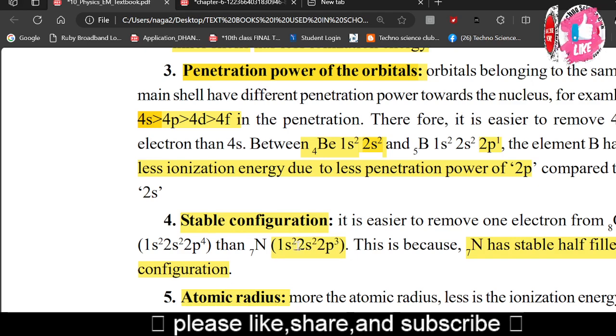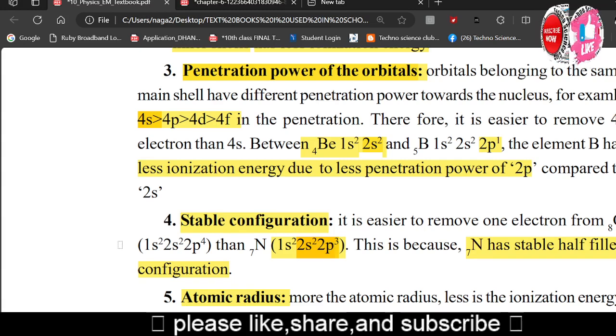Here you can observe that the valence shell is the second shell, and it has 5 electrons. If the p orbital were completed with 6 electrons, it would be completely filled.